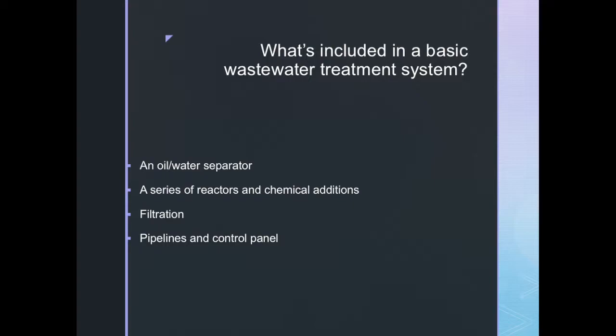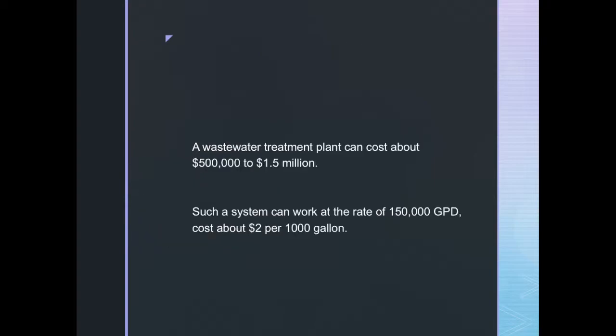An oil-water separator, a series of reactors and chemical additions, filtration, pipelines and control panel. A wastewater treatment plant can cost about $500,000 to $1.5 million. Such a system can work at the rate of 150,000 GPD, cost about $2 per 1,000 gallon.